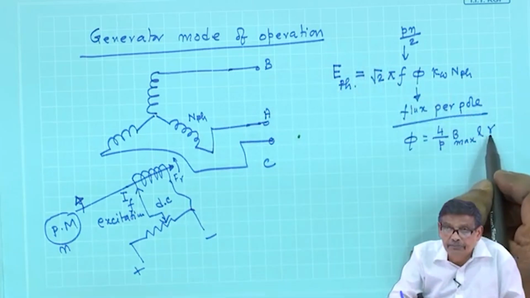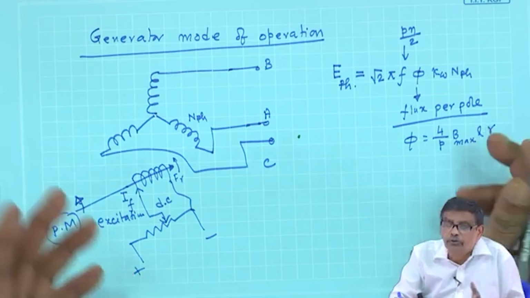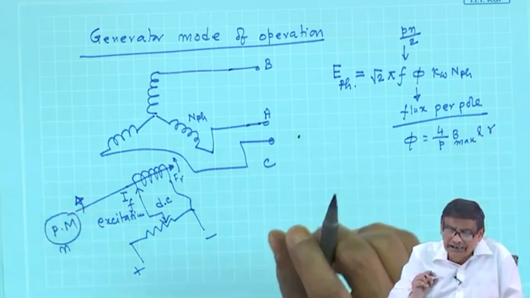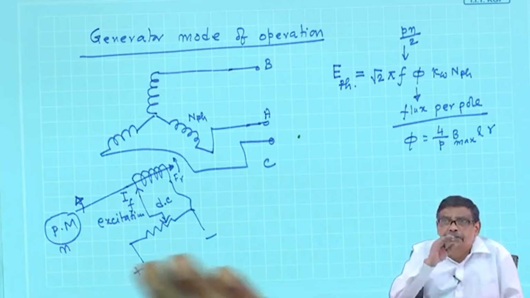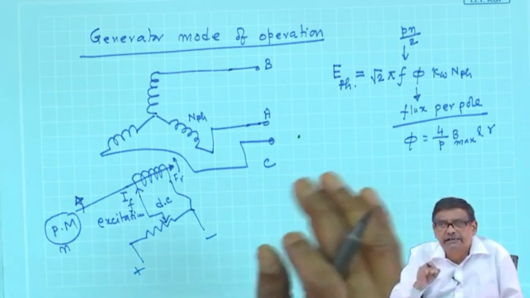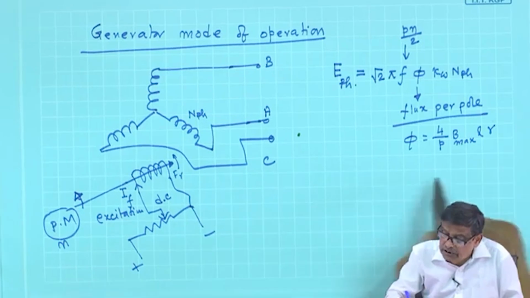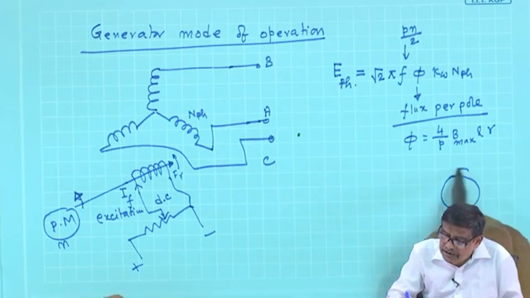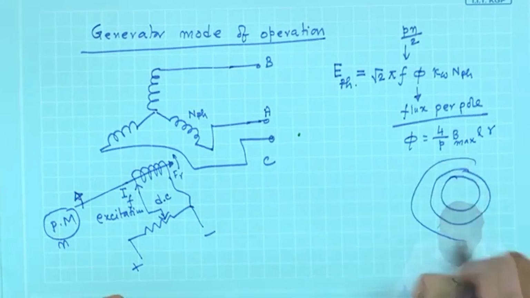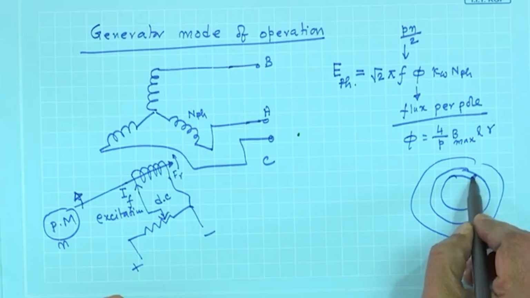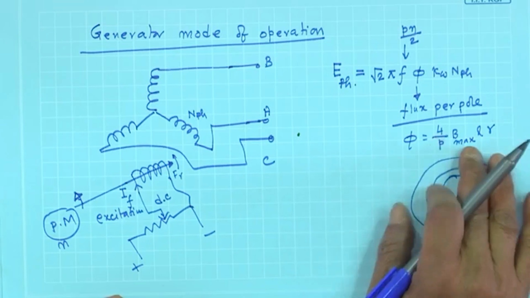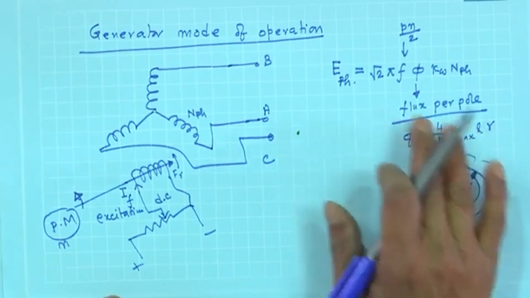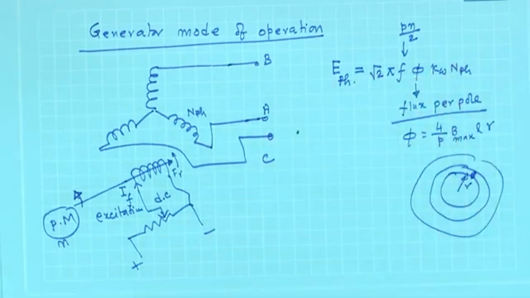R is the radius of the air gap or rotor. Because air gap is small, the inner periphery of the stator and the radius of the rotor can be taken as the same, this is suppose stator. So, this air gap is small. So, this is R say. So, this is how I can get flux per pole and I can get the induced voltage per phase.